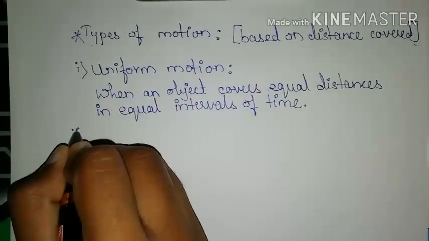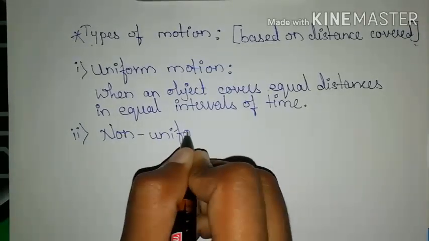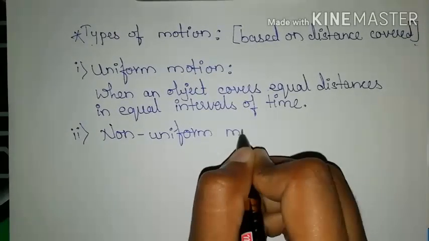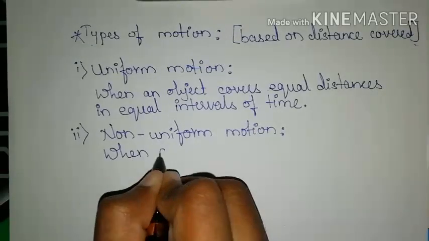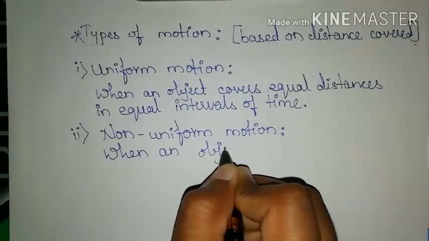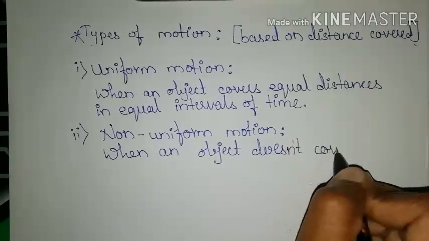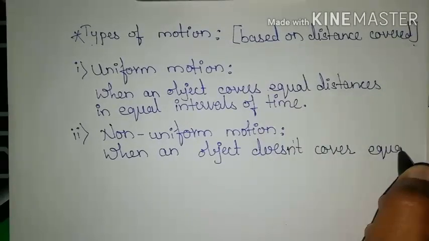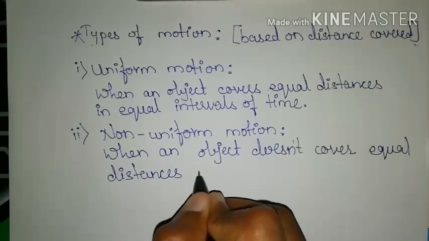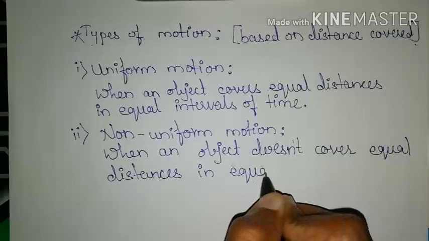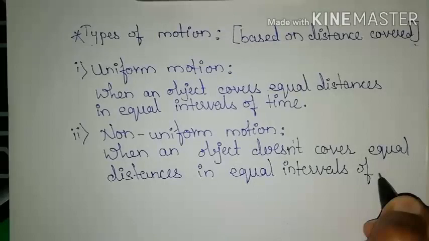And second is known as non-uniform motion, when an object does not cover equal distances in equal intervals of time. That is, when an object does not cover equal distances in equal intervals of time.